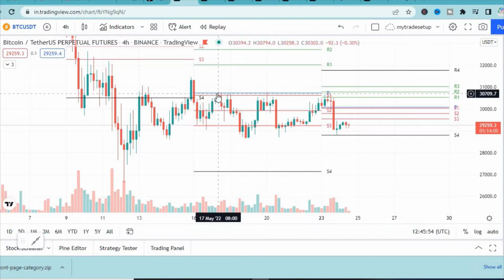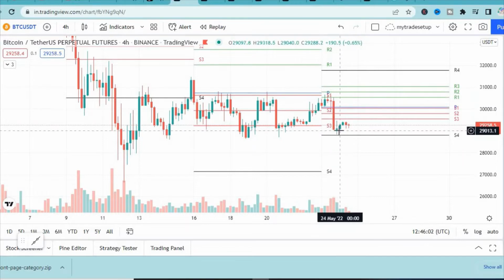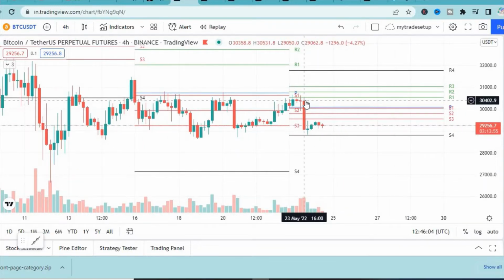When it was approaching the previous week's pivot point, it faced a stiff resistance and fell down drastically. The fall is super drastic and it pierced through all the support bands and just got a support around the S4 level and now is trying to consolidate.